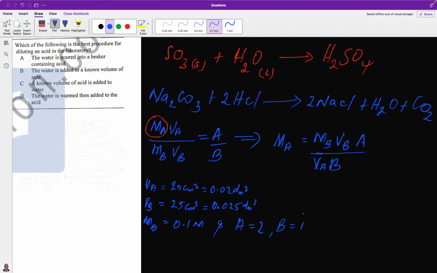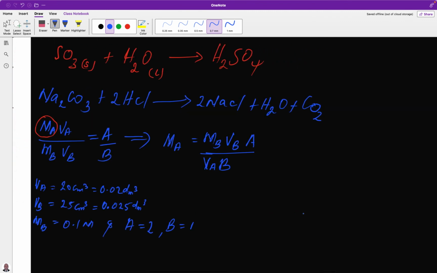Now, if we substitute our values here, we will have 0.1 times 0.025 times 2 divided by Va, which is 0.02, times the mole ratio of the base, which is 1. And what will be our Ma?